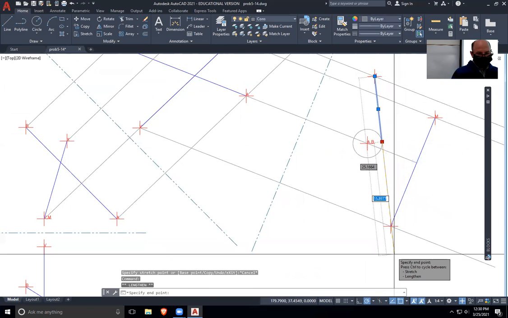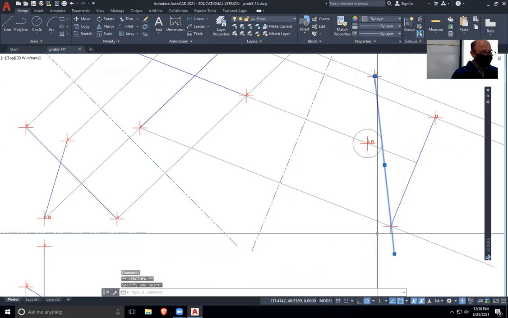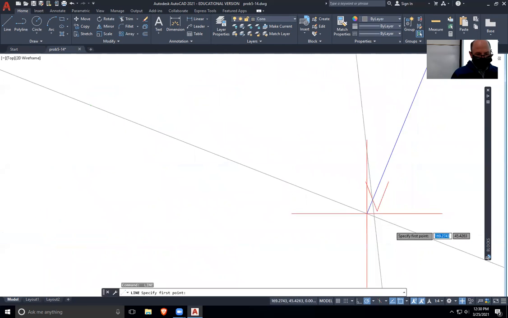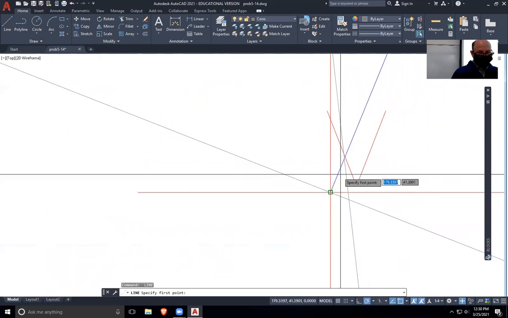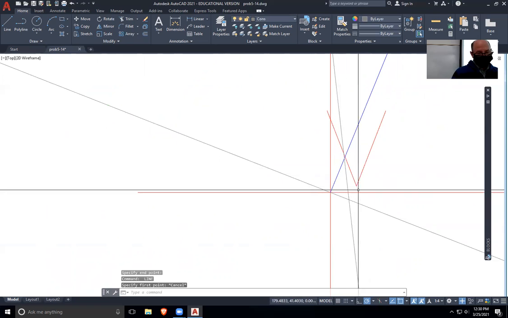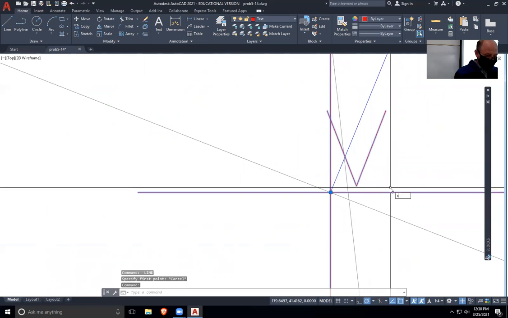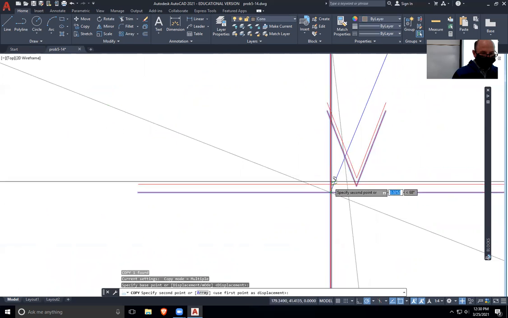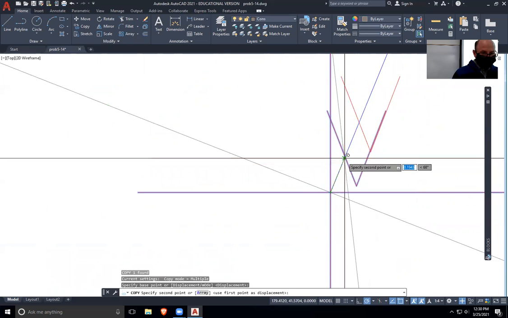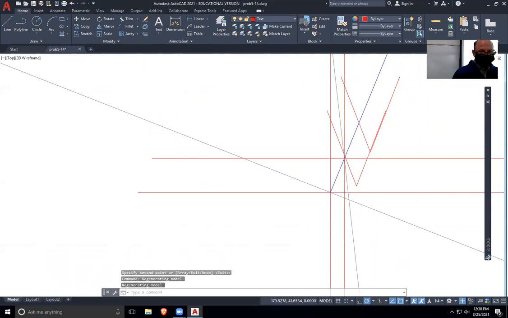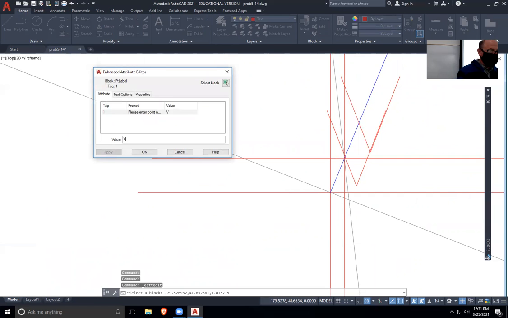And then, well, that's pretty close to V. But not exactly, right? So there's point Y. I'm going to copy this to it. There's my intersection. This is my point Y.